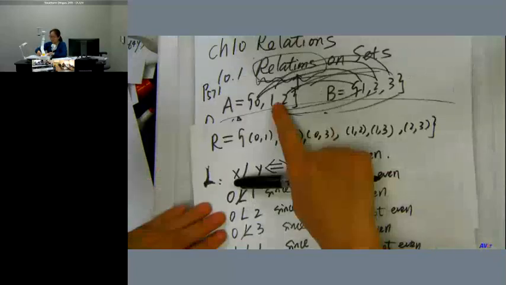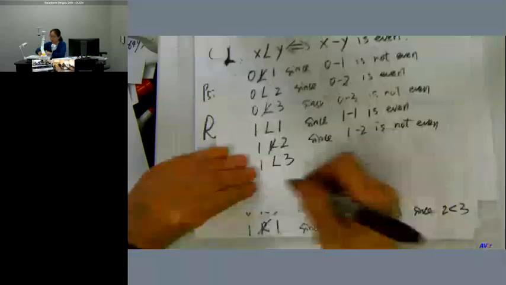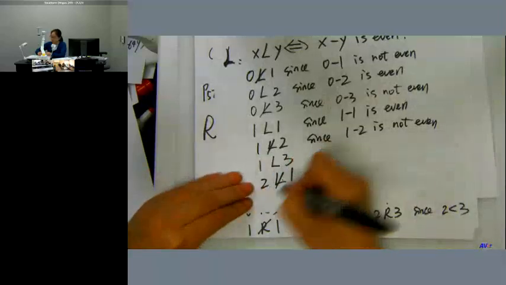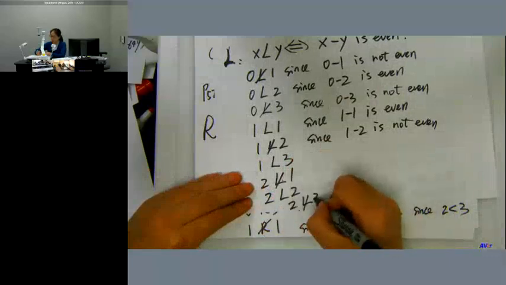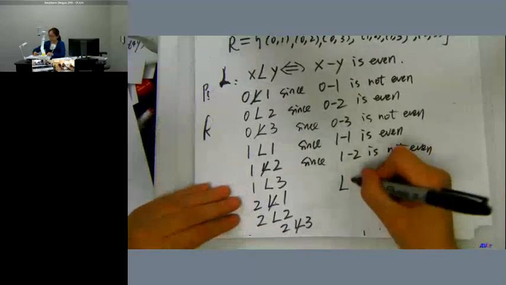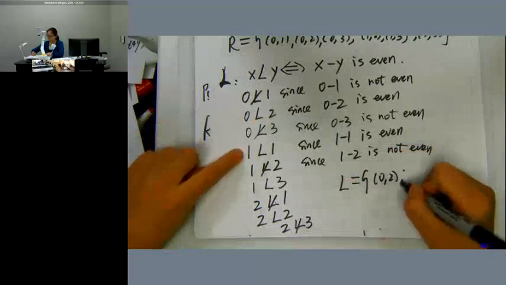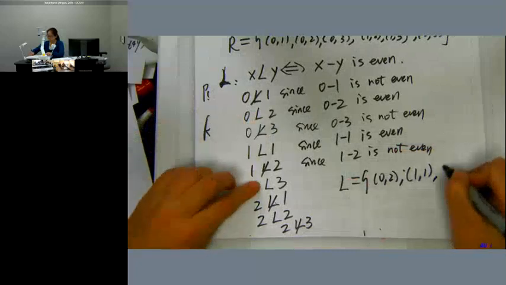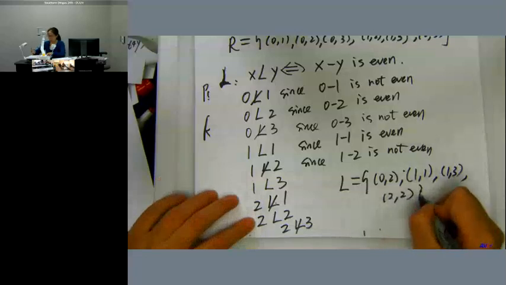Now we're done with 1, so it's 2, 1, 2, 2, 2, 3. 2 is not related to 1, but 2 is related to 2. And 2 is not related to 3. So for this relation L, which ones will be in there? We have 0, 2, we have 1, 1, we have 1, 3, we have 2, 2, and that's it.